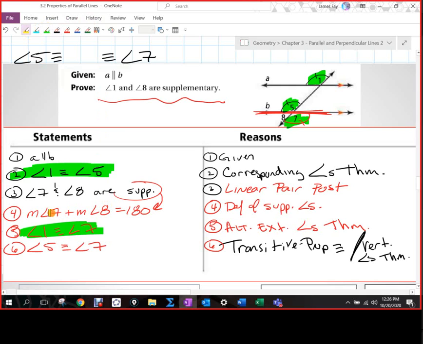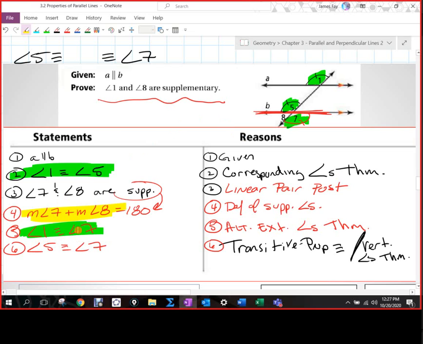Look at this statement right here. Right now, you've got measure of angle 7 plus measure of angle 1 equals 180, right? Okay. Well, if I replace that 7 with 1, that would get me where I need to be, right? Is there anything in my proof so far that says 1 and 7 are the same thing?